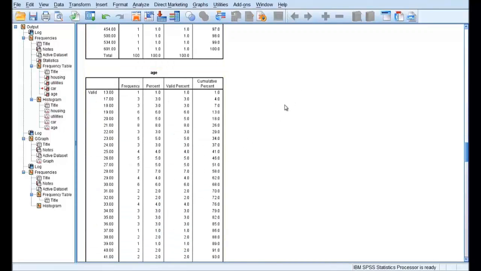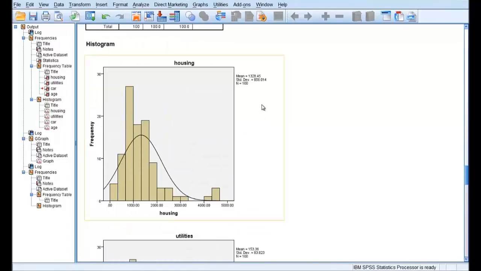But sometimes it's a lot better to see these frequency tables as histograms. So SPSS gave us a histogram, very nicely put out here. You can see that for housing, most of the data is occurring in this region. It seems that somewhere around $1,000 per month is the most frequent data in this set.